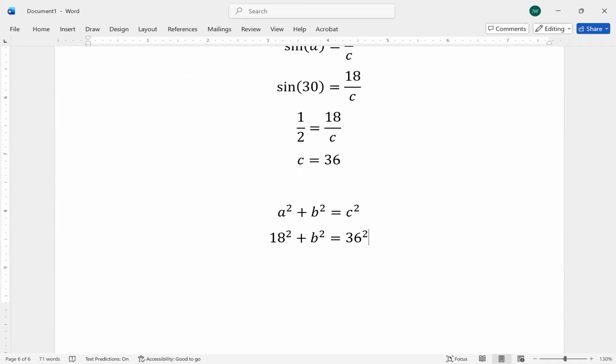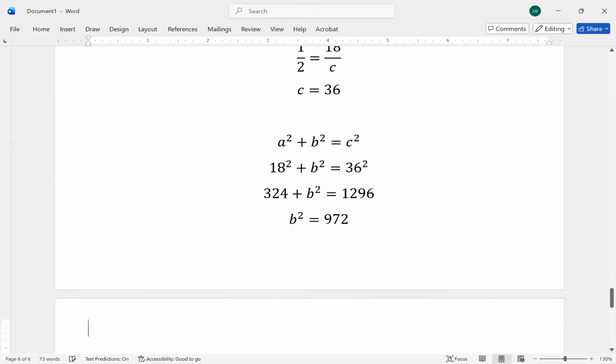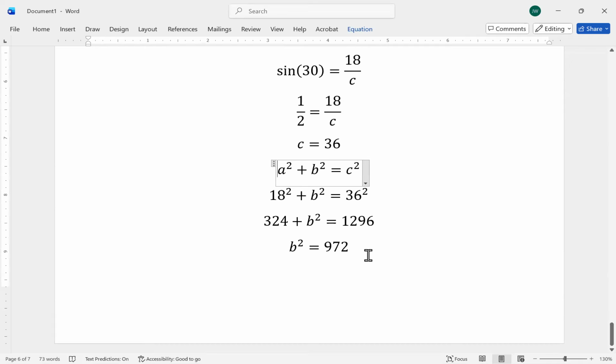18 squared is equal to 324. 36 squared is 1,296. If I subtract 324 from both sides, I get B squared is equal to 972. By the way, if I take a square root of that, I end up with a B value simplified, which is the square root of 972.